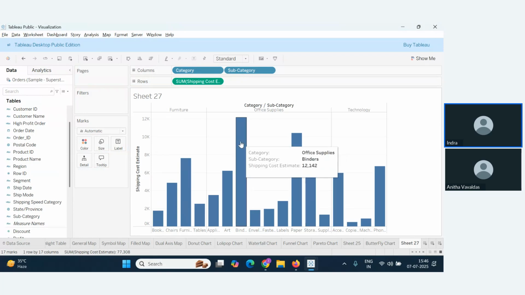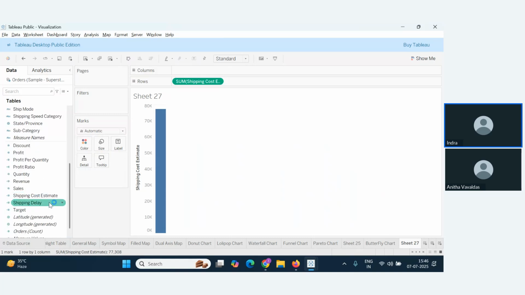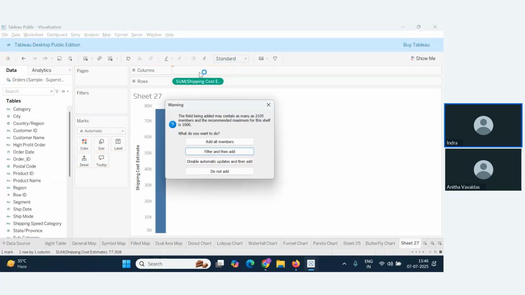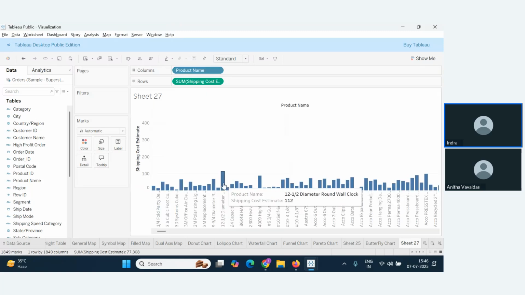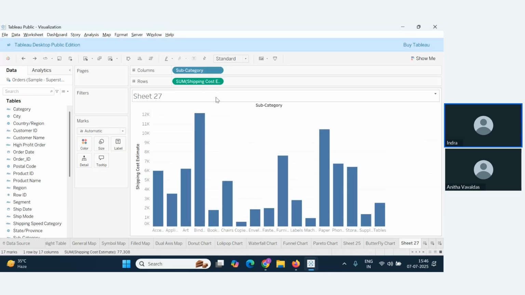For office supplies, it is assuming this much cost. This is just for calculation purposes only. We have created this, guys. Let's say we have product names.